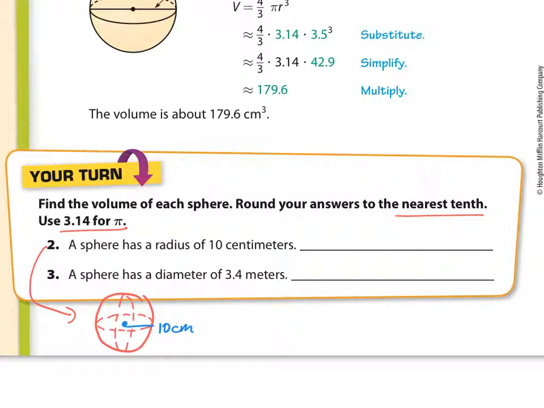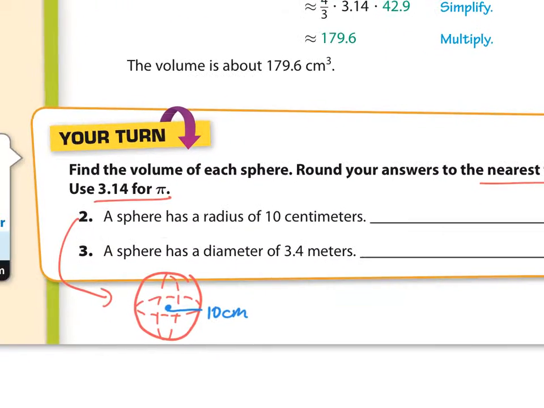So when we're using our formula, we're going to do volume equals, let me do it way above here so that we have some space, 4/3 times pi times the radius to the third power. So that's 4/3 times 3.14 times the radius, which is 10, to the third power.